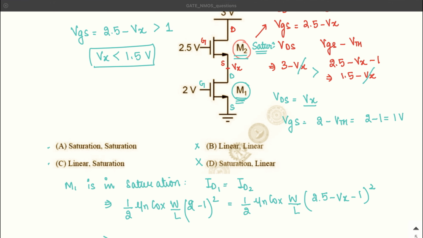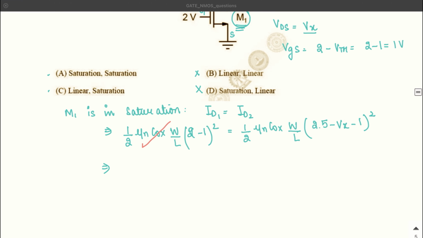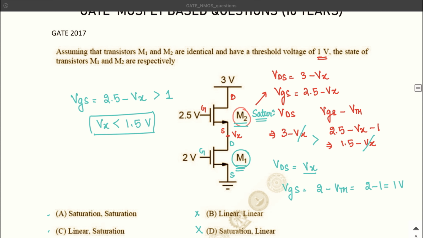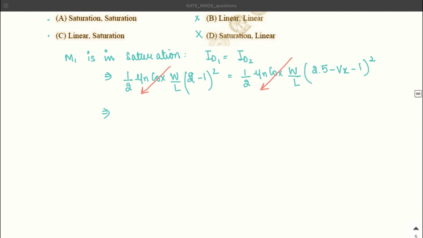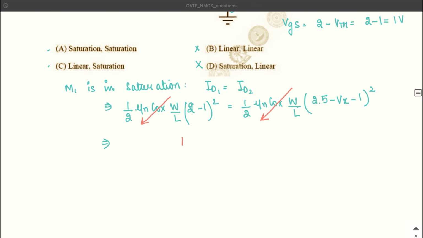Now you can quickly say that all these things can get cancelled because the parameters are the same and it is given that both the transistors are identical. So hence we are left with 1 is equal to 1.5 minus Vx, whole square.